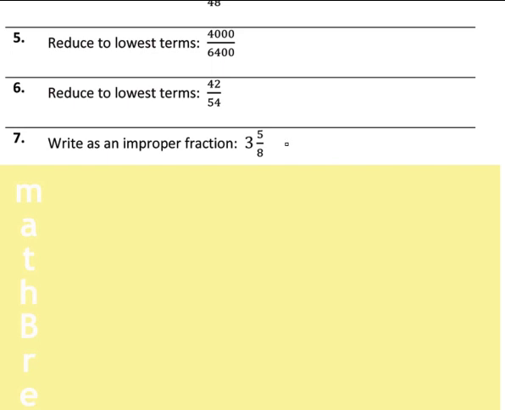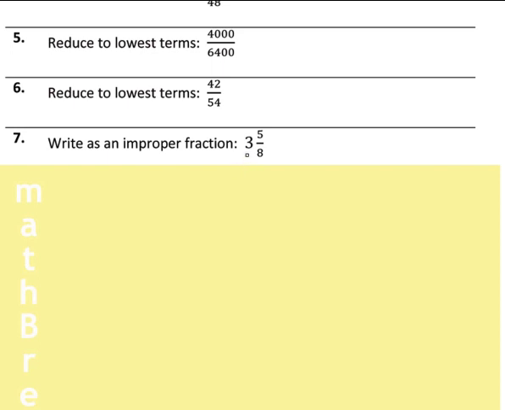Now, the number 3 and 5/8 is called a mixed number because it's a whole number and a fraction: the 3 is a whole number and the 5/8 is a fraction, so this is called a mixed number, wholes and fractions. And if we want to change this to a fraction, and I'll explain in a minute why it will be called an improper fraction, we have a simple way of doing this.